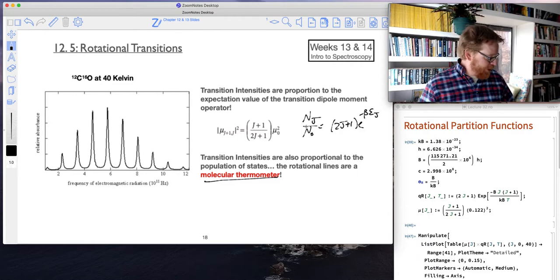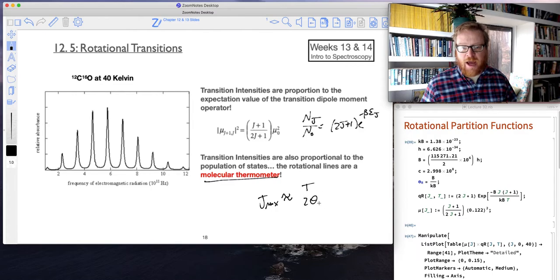So it can be shown from this Boltzmann population that the J max value is approximately T divided by 2 times theta R, minus 1/2, where theta R is the rotational temperature, and I'll show you that equation soon.